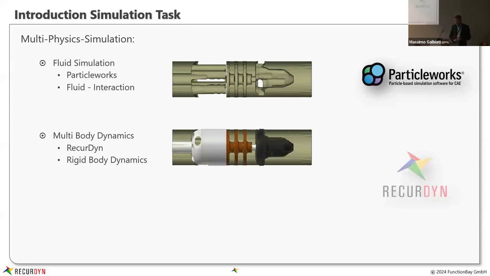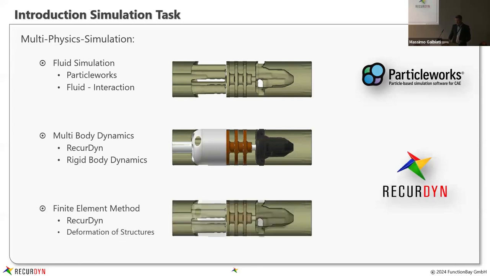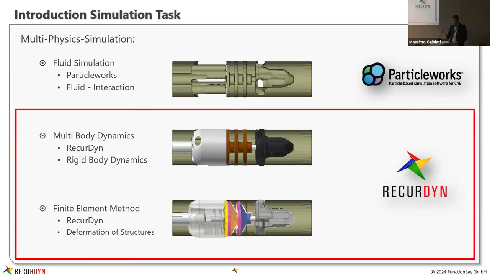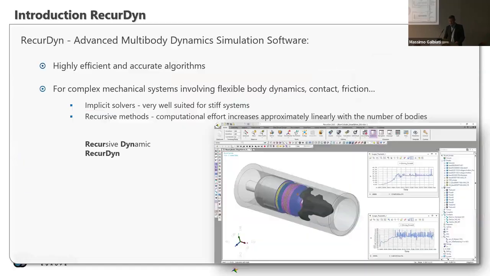And last but not least, we need some finite element stuff to get a reasonable deformation of the three brown parts. The second and third parts will be done by Recurdyn, and I will focus on the next slides just on these two parts, and then we will come back to the co-simulation.